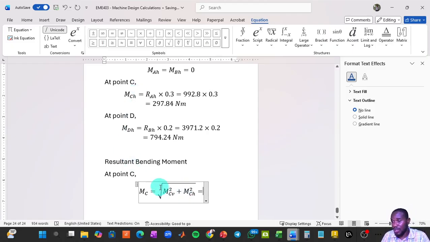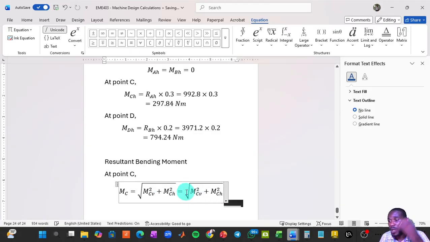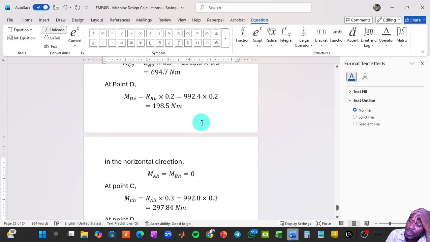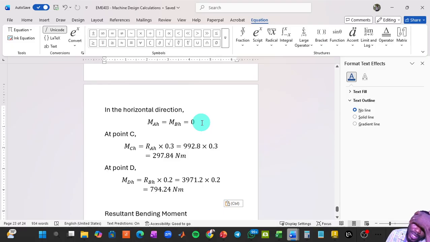So what are those values? We're going to pick them and plug them in and see what they give us. MCV is 694.7, and MCH is 297.84.